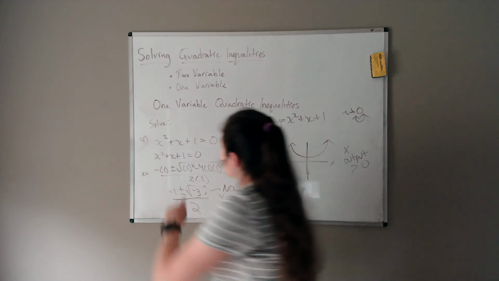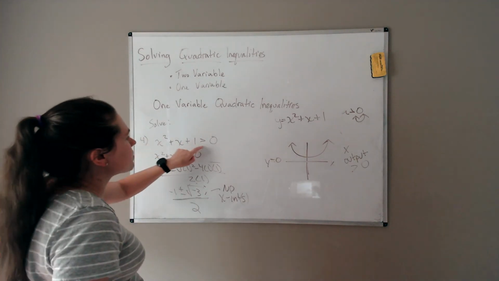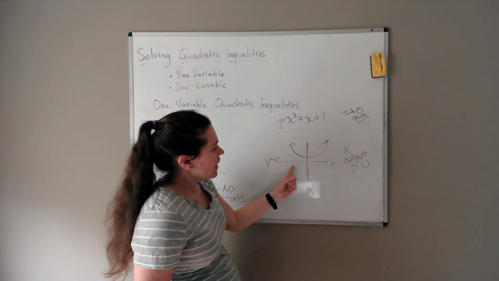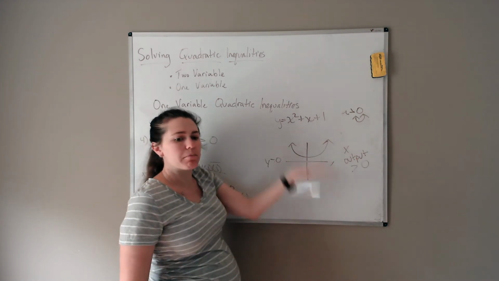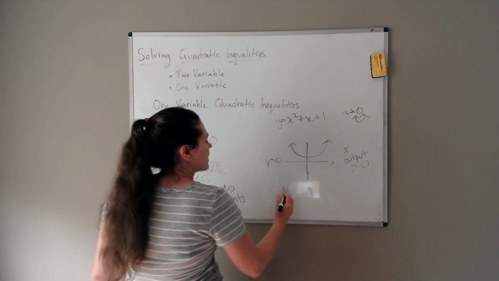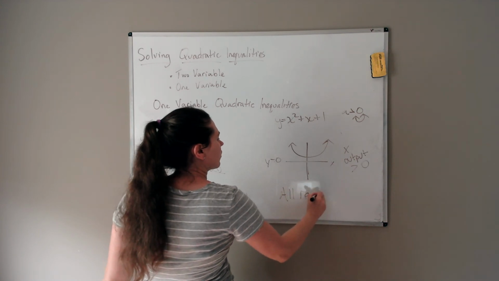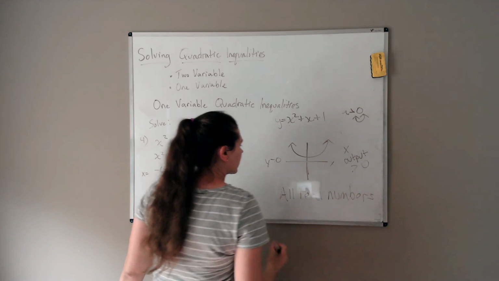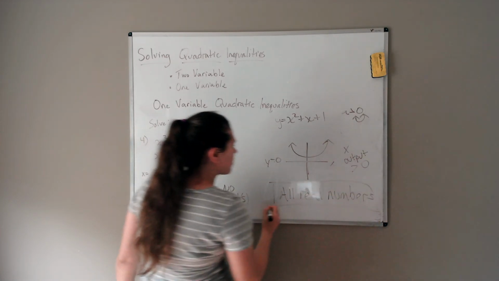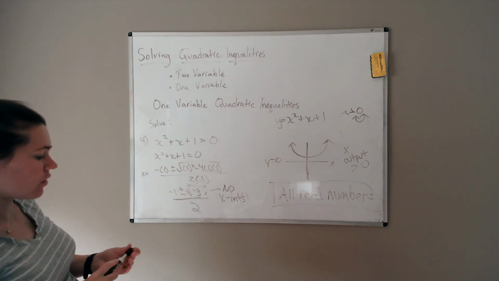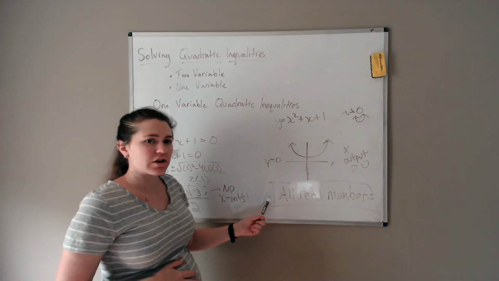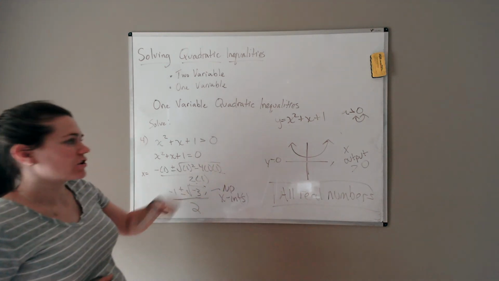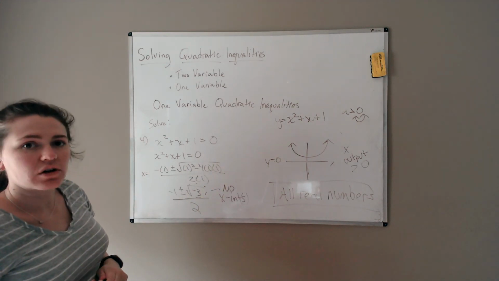So this is saying, name all of the x's in which the output is greater than 0. Since you have no x-intercepts and the entire function is above, every single x value that you plug in will give you an output that is greater than 0. So this is all real numbers. That is the answer to this question. All real numbers.